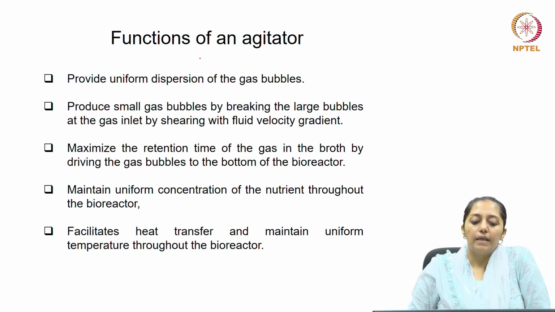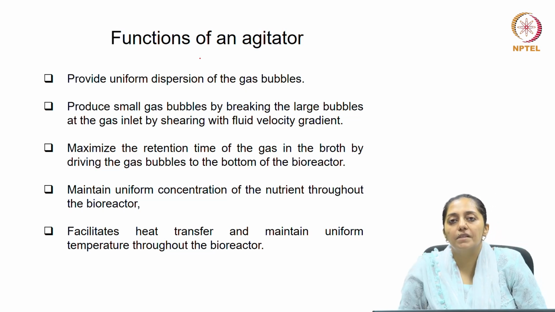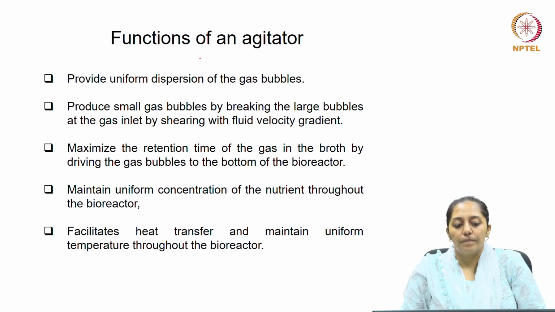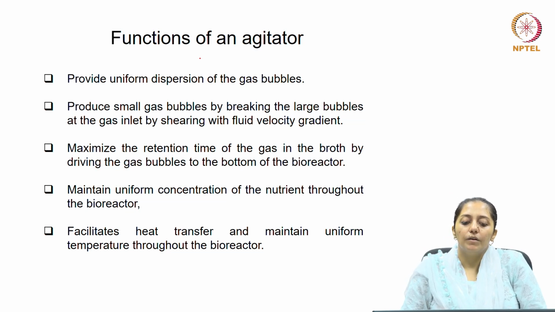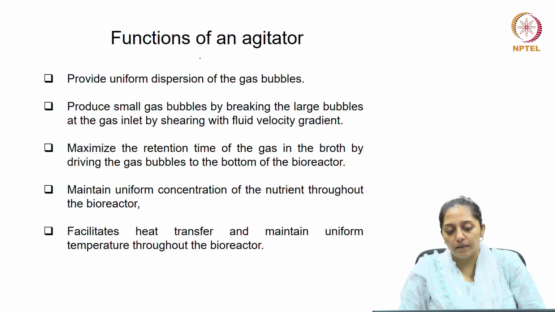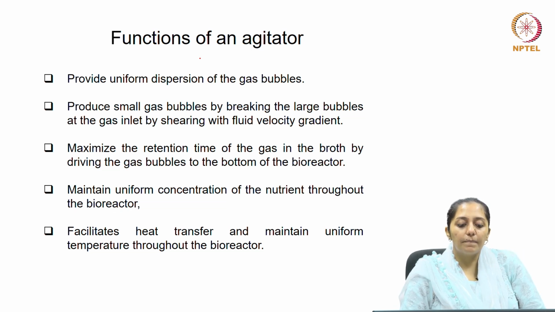So, let us see what the functions of an agitator are. We have seen during the introductory lecture that it can provide uniform dispersion of gas bubbles. It can produce small gas bubbles by breaking the large bubbles at the gas inlet by shearing with the liquid velocity gradient. It maximizes the retention time of the gas in the broth by driving the gas bubbles to the bottom of the reactor.